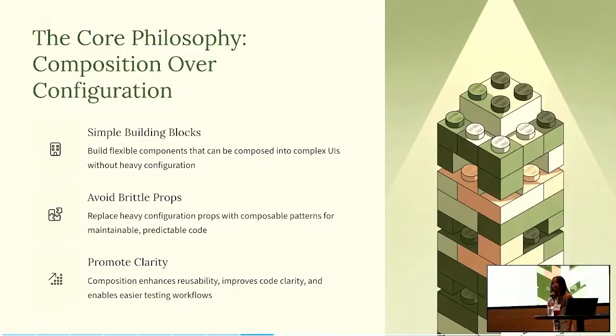So again, I just want to emphasize the core philosophy of composition over configuration. We're building the building blocks so that developers can use them and build their components on their separate product teams, building out whatever it may be that they need. We just want to deliver the pieces for them and avoid using brittle props that lead to tech debt later on.